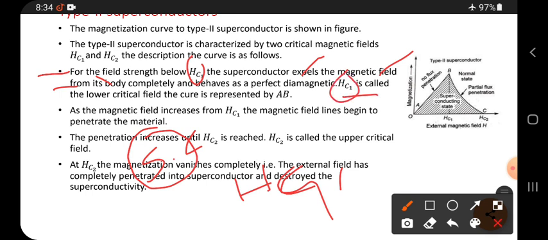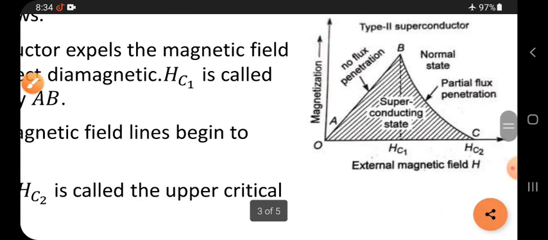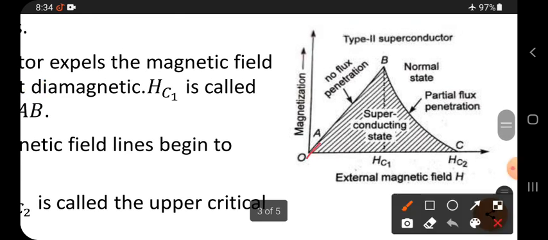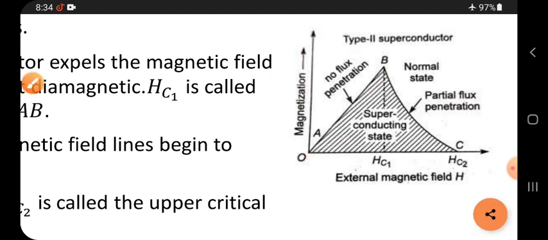This Hc1 is called the lower critical field. The curve is represented by AB. See the diagram, the curve is given. From here to here it is AB.